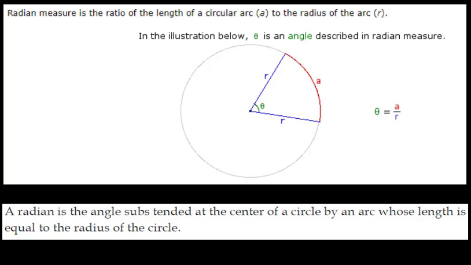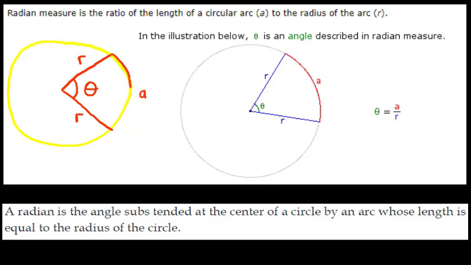The simple definition is that radian measure is the ratio of the length of a circular arc A to the radius of the arc R. In simple terms, if you have a circle like this, with radius R, which subtends an angle theta, and we have A, which is our arc length, then we are defining radian measure as the ratio of a circular arc A to the radius of the circle R. This ratio equals the angle theta.